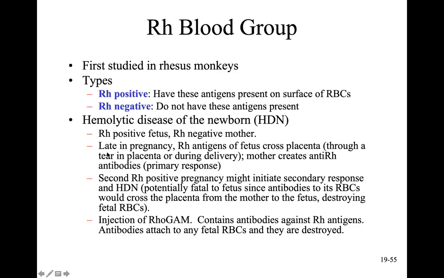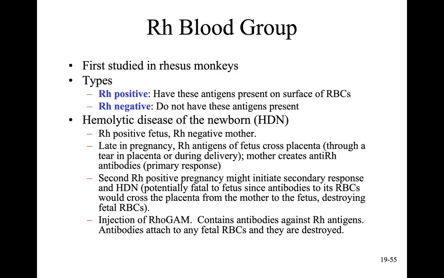What happens? Well, the first fetus inherits the Rh negative gene from mom. From dad, it inherits an Rh positive gene. The positive gene is dominant over the negative gene.